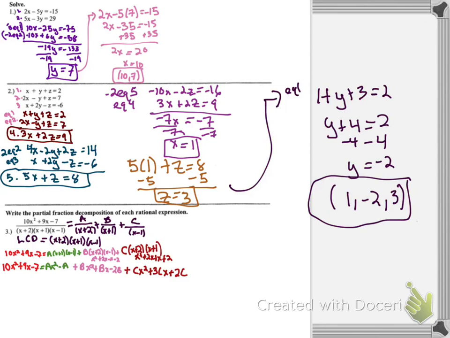Now that we've reached this portion, we're going to rewrite our left-hand side vertically. So we end up with that 10x squared, 9x minus 7. And then we're going to group our terms that belong in each category. So I have equals ax squared, equals negative a.